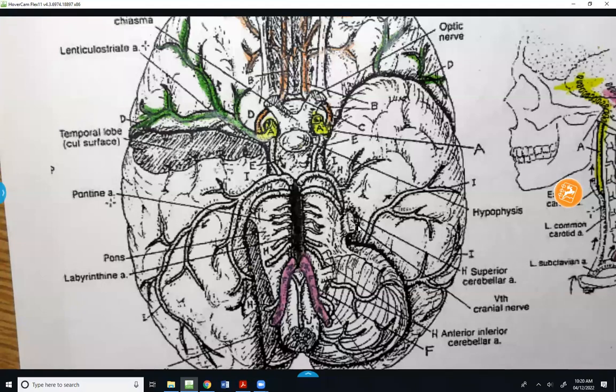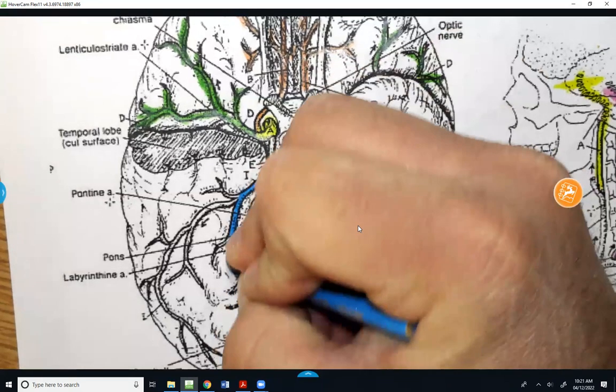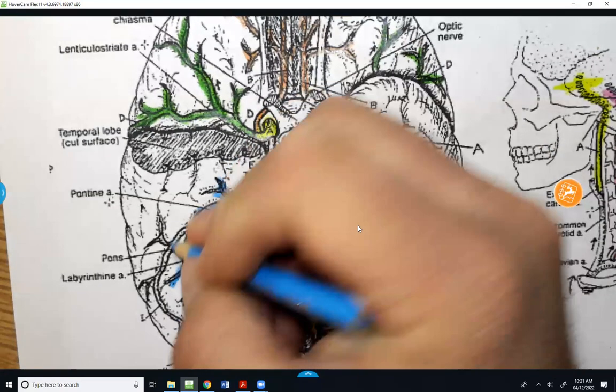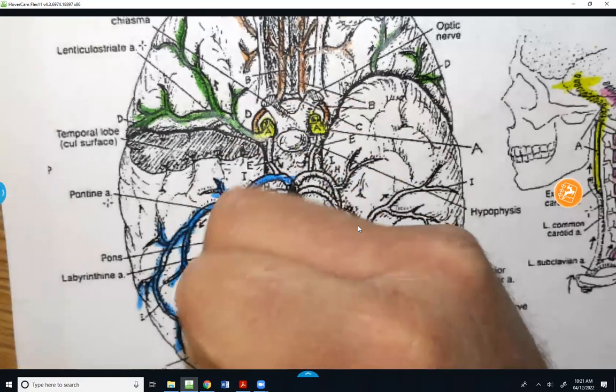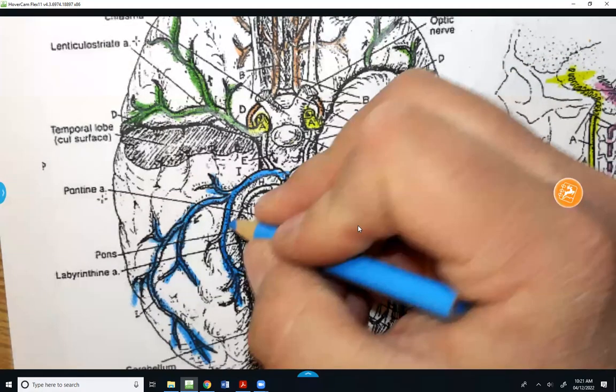Several branches come off of this one, but the only one that I want you to worry about is the posterior cerebral. And we got a good view of it here on this left side, which I'm coloring right now, because if you hadn't noticed, a very significant portion of the cerebellum has been removed.